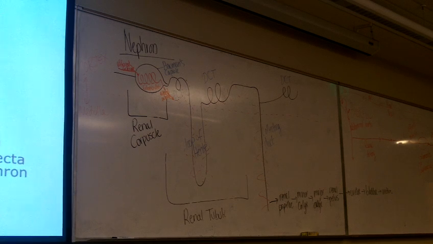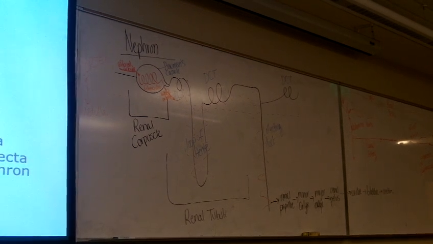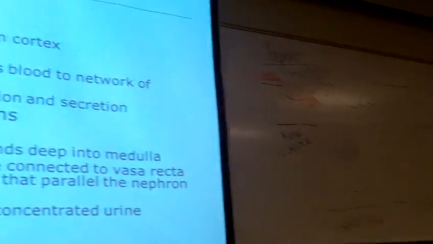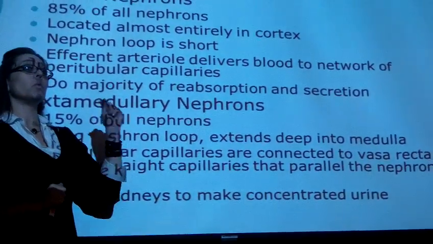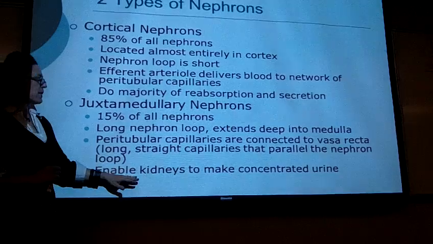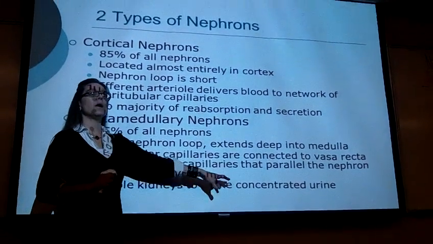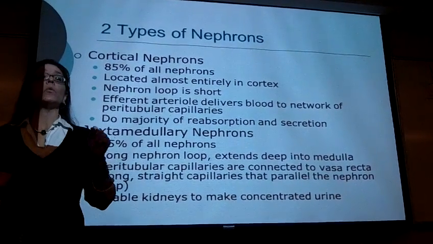Again, these juxtamedullary nephrons allow us to reabsorb more water, and that allows the kidneys to make a nice concentrated urine, and that's what we want.